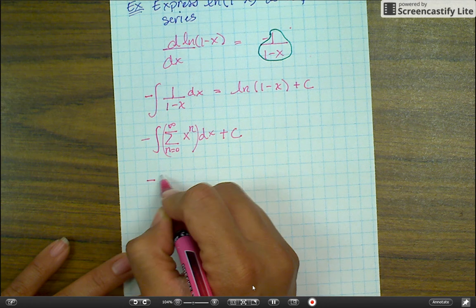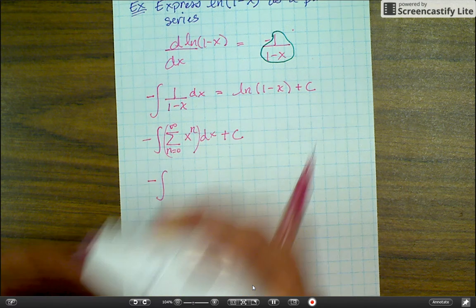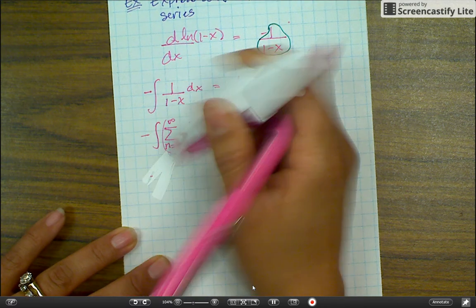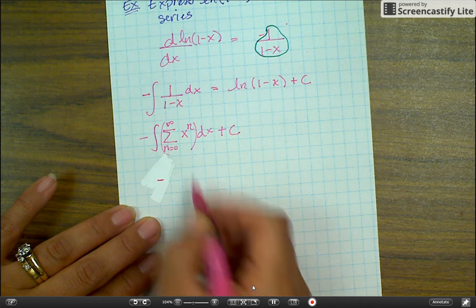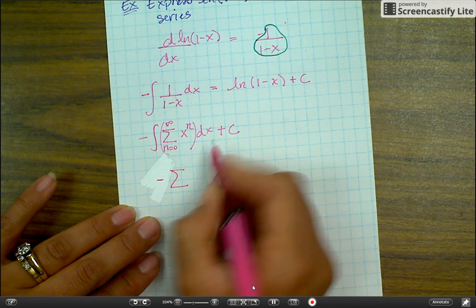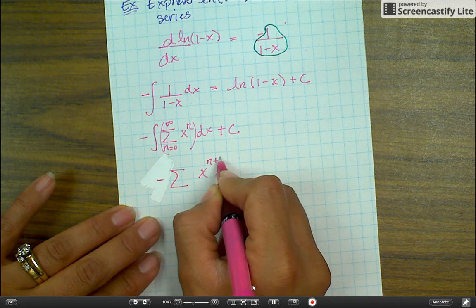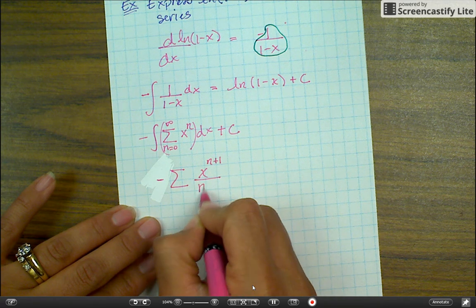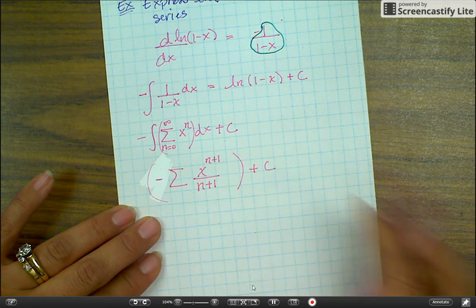So this would be the integral. Take the antiderivatives. So this is going to be negative the sum, and antiderivative this is going to be x to the n plus 1 divided by n plus 1 plus c.